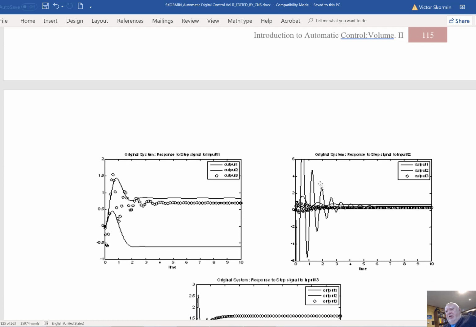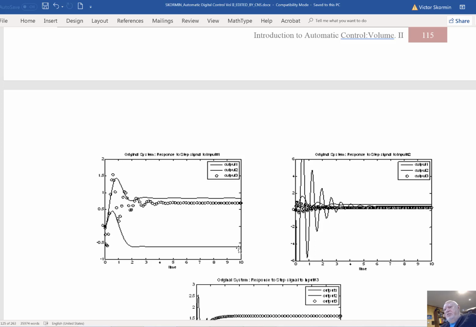What you can see now is this. I applied reference equal to 1 to one input, reference equal to, I think it was 0.75 to another input, and I applied the reference equal to minus 0.5 to input number 3.